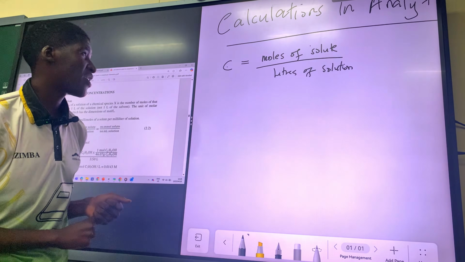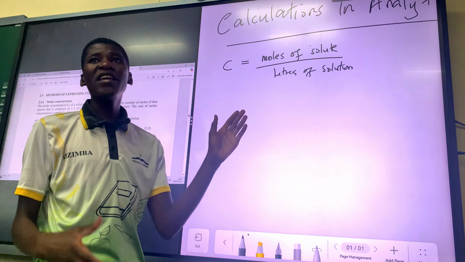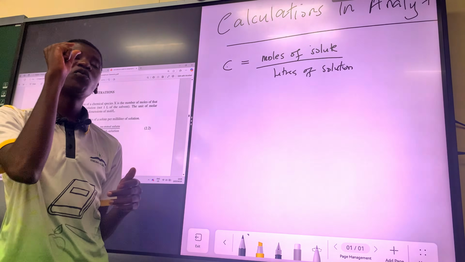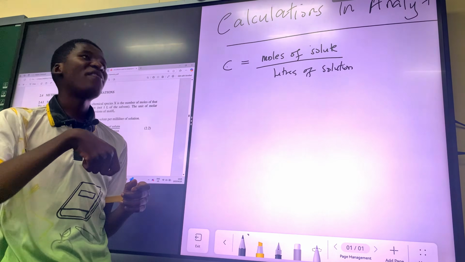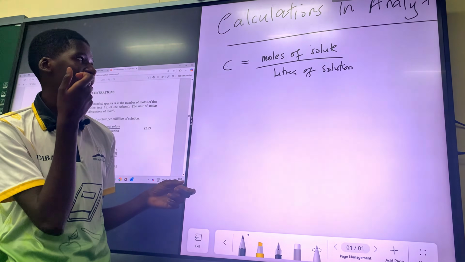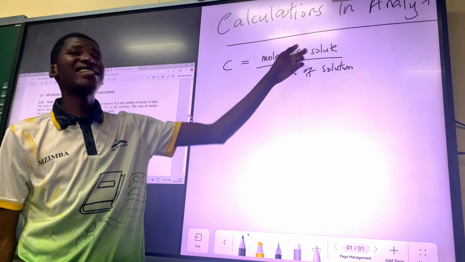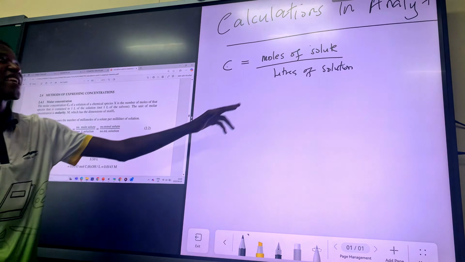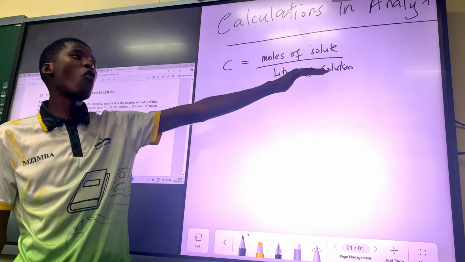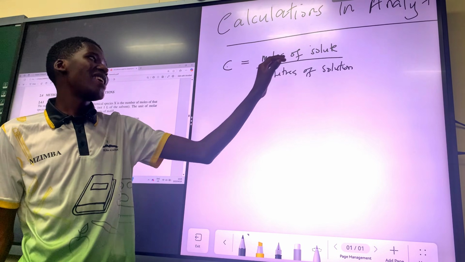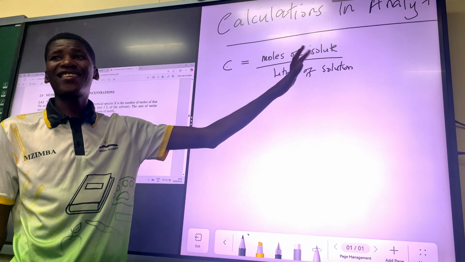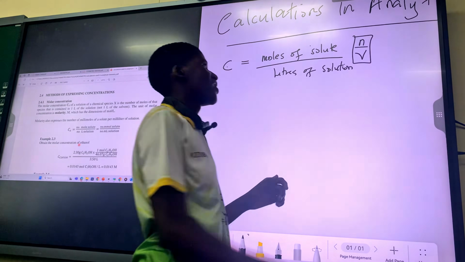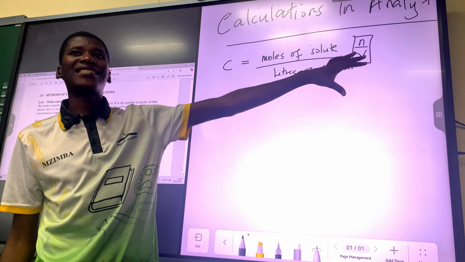So if you want to prepare a solution of a certain concentration, you weigh a certain mass, find the number of moles using mass over molar mass, and put the moles over the liters of solution. Liters is just the volume, so this is the number of moles over the volume, and the volume must be in liters.